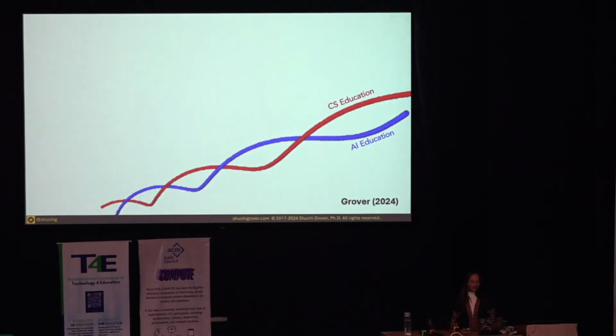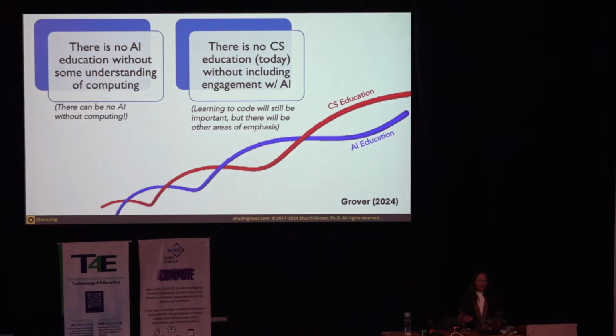When it comes to teaching kids about the technical aspects of AI and how it works and the role data plays, especially in machine learning, it has to be done in conjunction with CS education, I feel. For the simple reason that there is no AI education without an understanding of computing, and there is no CS education today without engagement with AI, because a lot of tech tools don't even follow the classical programming tradition anymore, right?